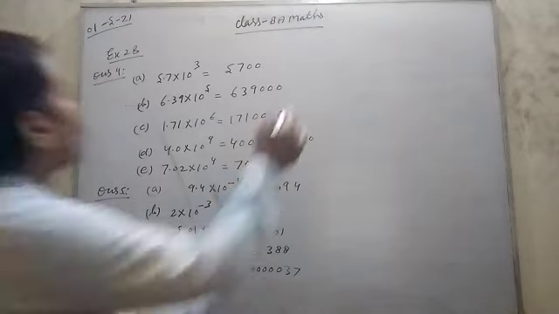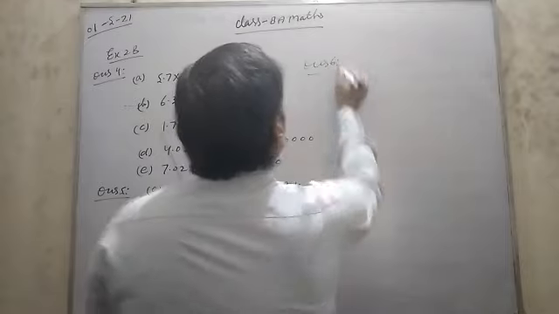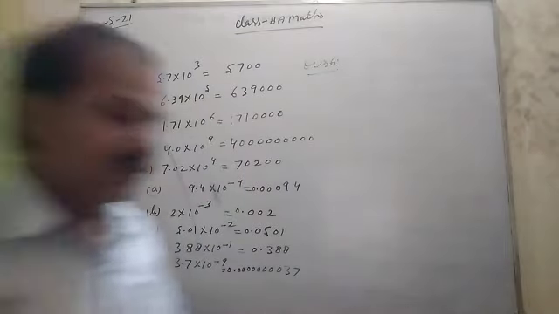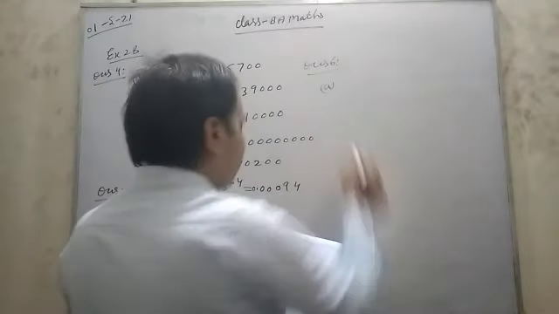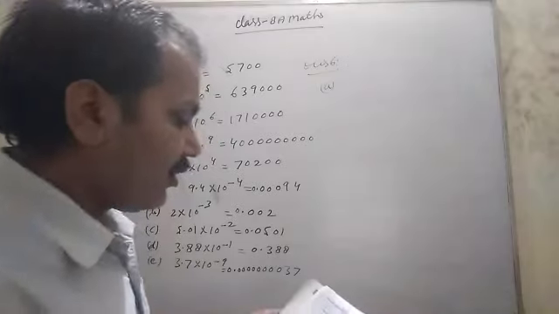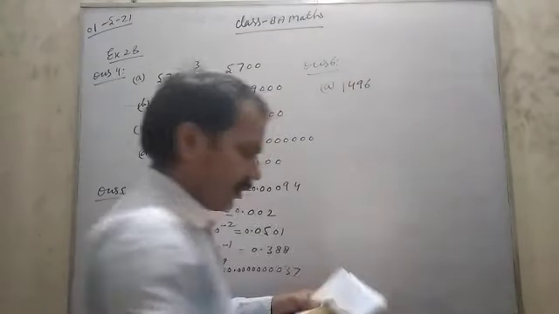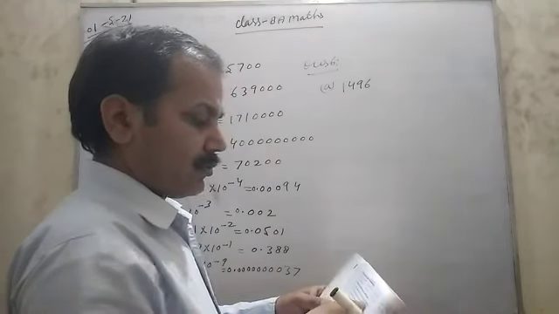Then the last question of this exercise as well as this chapter. Write the following facts in scientific notation. So scientific notation means in the form of 10 power. So 1496 and how many 0s? 80.